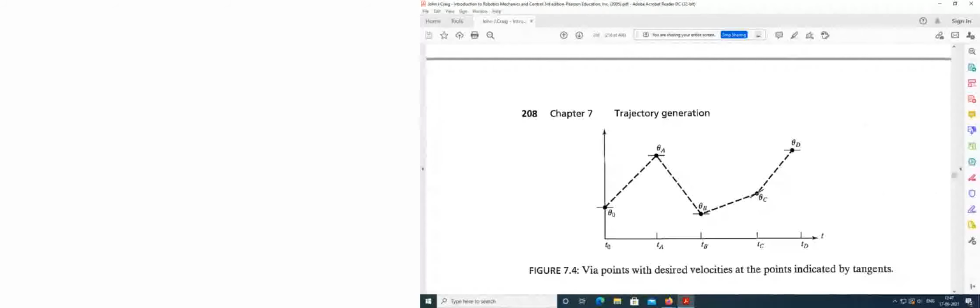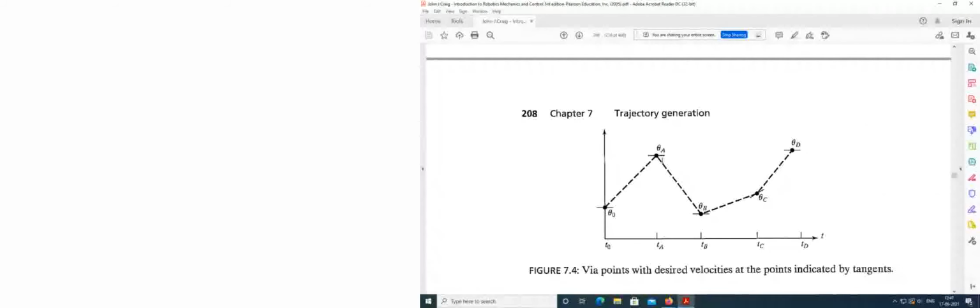Another condition is the theta value has to be smooth. Which means, for the cubic polynomial for this segment and the cubic polynomial for this segment, this theta value has to be same at t is equal to ta.